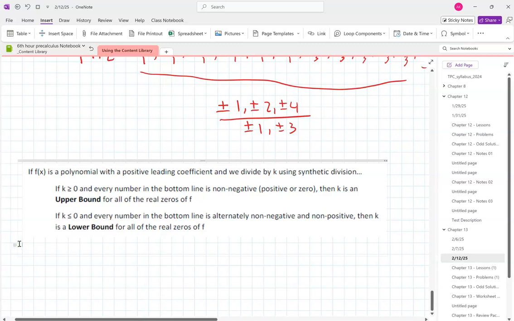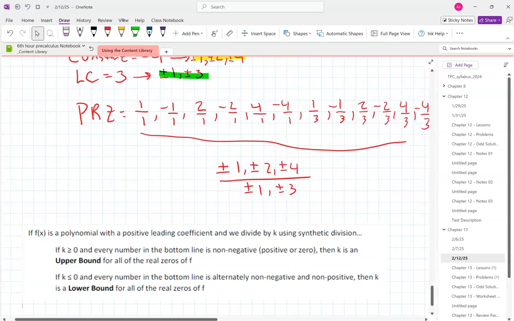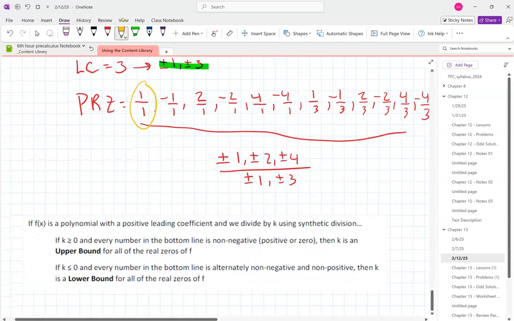It says if f of x is a polynomial with a positive leading coefficient, and we divide by k using synthetic division, if k is a non-negative number, and every number in the bottom line is non-negative, then k is an upper bound for all the real zeros of f. For example, maybe I would have tried dividing by +1.